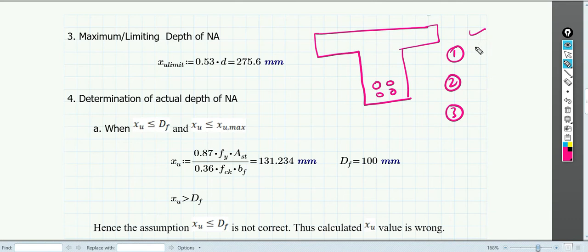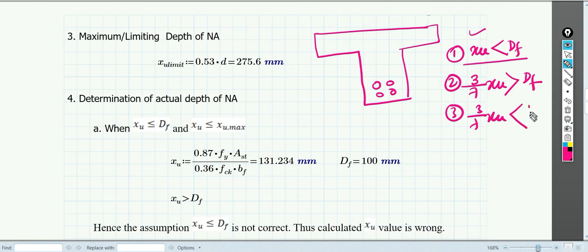If Xu is less than Df, this is one equation. Then if 3/7 Xu is more than Df, this is one equation, and 3/7 Xu is less than Df. We had two conditions, if you remember, in the previous class.